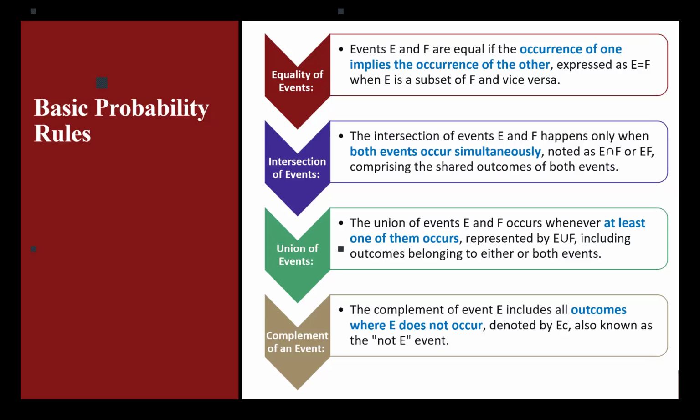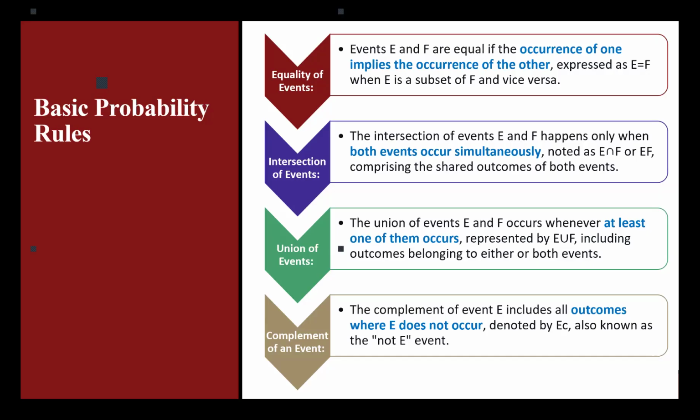What the first basic rule that we want to talk about is the equality of the events. We know all the events are some sort of subsets, so the equality in mathematical terms would be the equality of the sets.